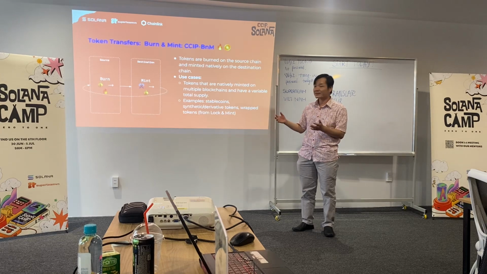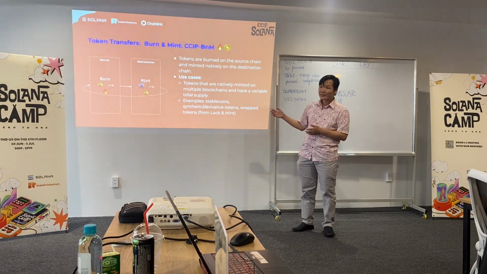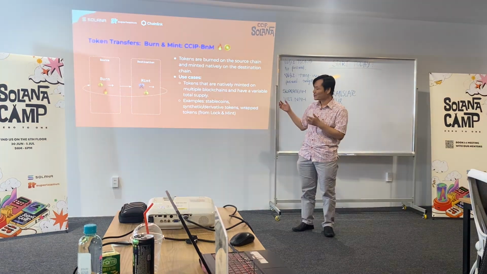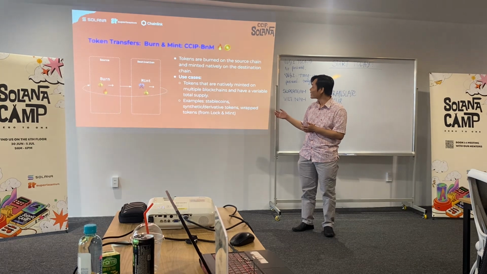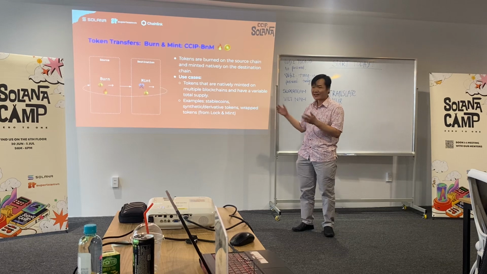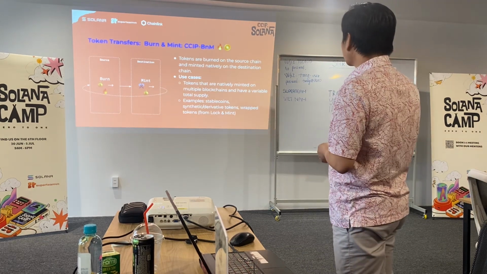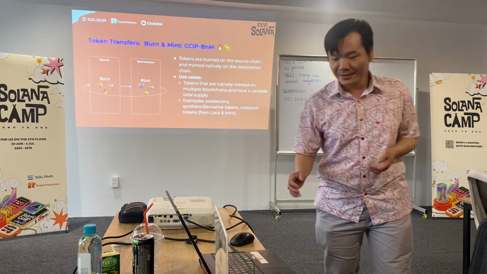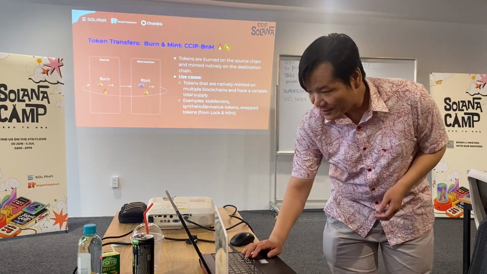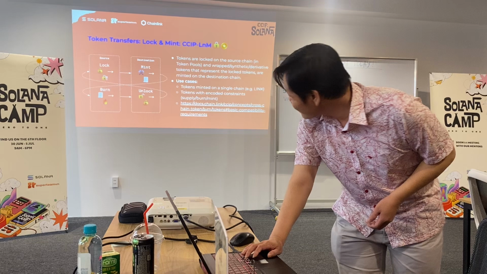The sub chain will burn that token, and then in the next session, that token will mint, and then that's all. You will see in the practice later. And here is the lock and mint.